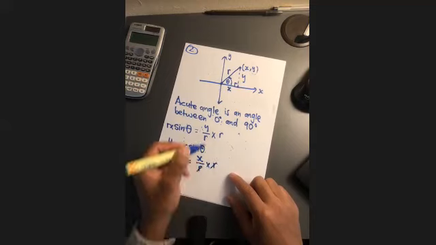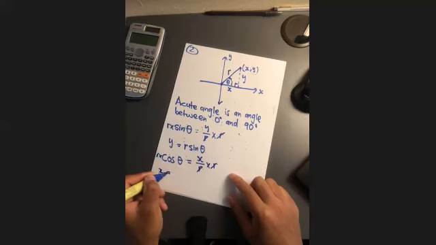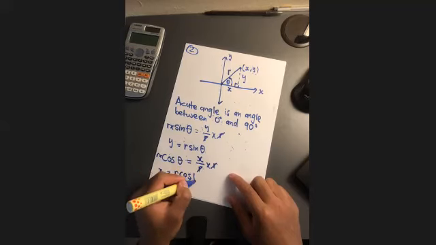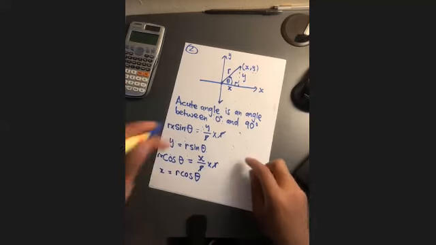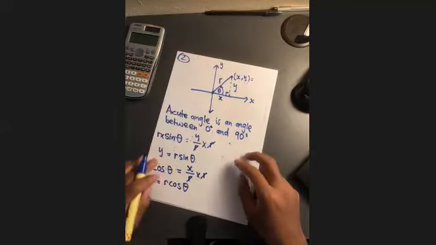This cancels out that, just like this one's over here. And then we get x is equal to r cosine of theta. And then we can also go back to our Cartesian plane and write it as such.